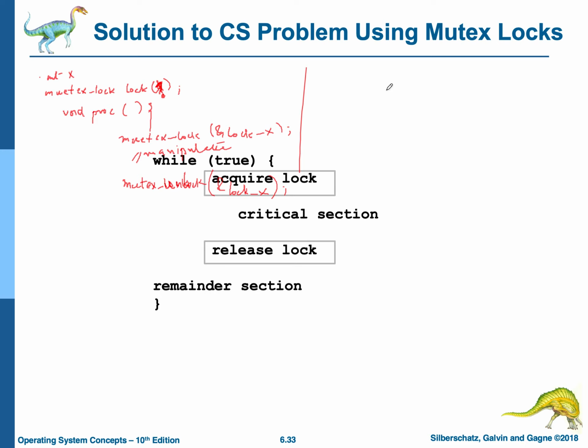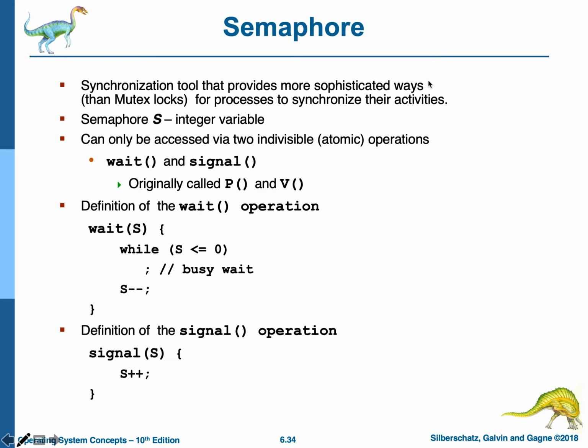Similarly, for the other process, it will check if there is a lock, and then it will be waiting. When the lock is released, it can enter into the shared memory space.